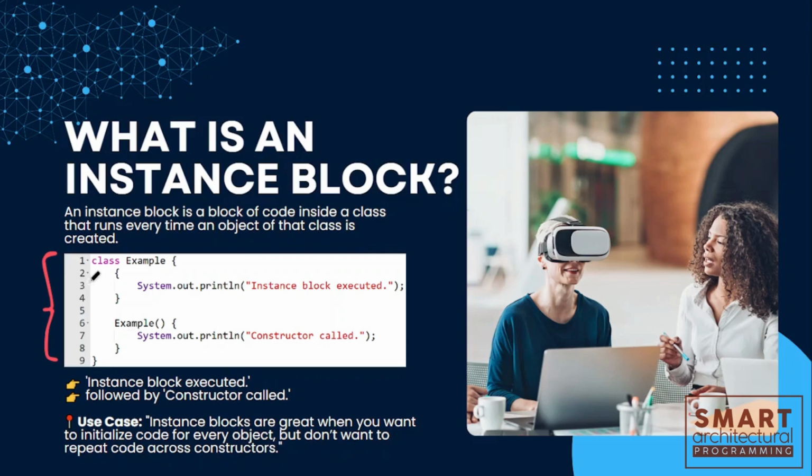When classes are instantiated or run, they create objects, right? And every time an object is created, an instance block automatically executes. It doesn't wait for you to manually run methods of that object, but it automatically runs that logic as soon as the object from that class has been created.